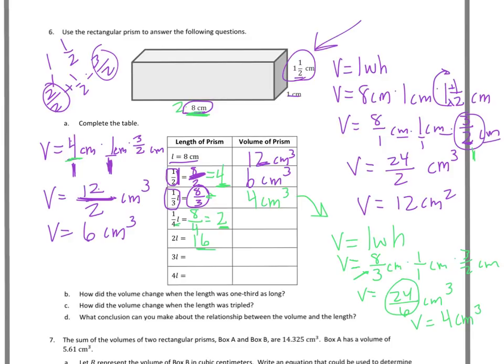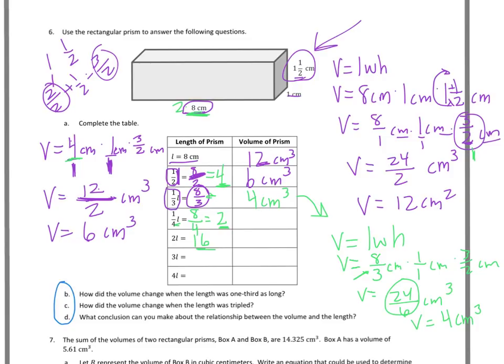So if we take a look down below, you're going to answer some questions on that. And I'll answer B. How did the volume change when the length was 1/3 as long? And we know that our original volume was 12.